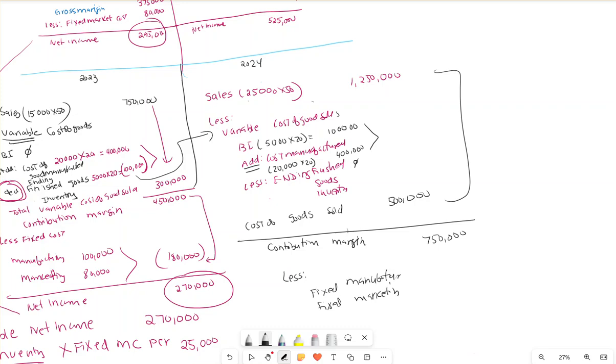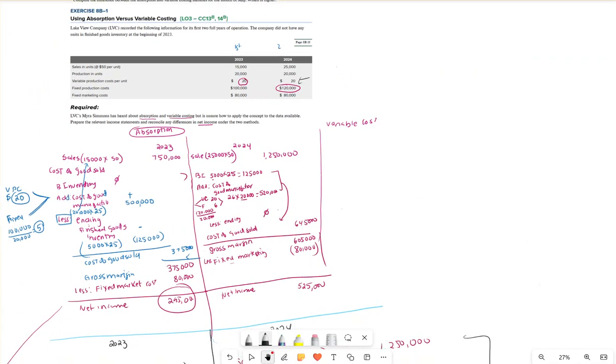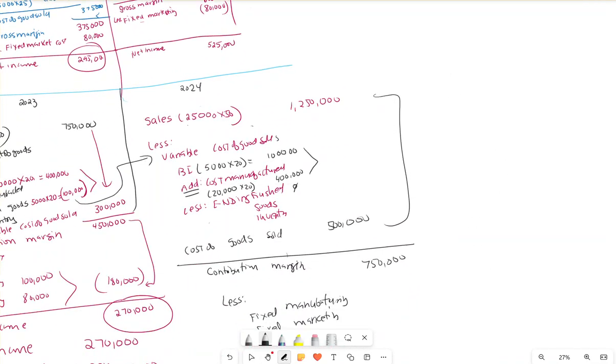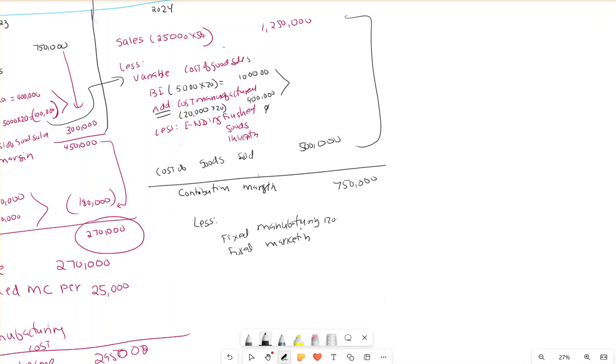They told us in the question, I believe the numbers were changed, 120 and 80. So I have 120,000, we have 80,000, altogether is my 200,000. That gives me net income under variable costing of 550,000.